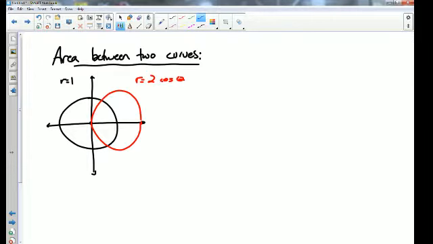There's lots of questions we could ask with this one. So we could ask, what's the area inside r equals 1 and r equals 2 cosine theta? That would be here. And how would we solve that?